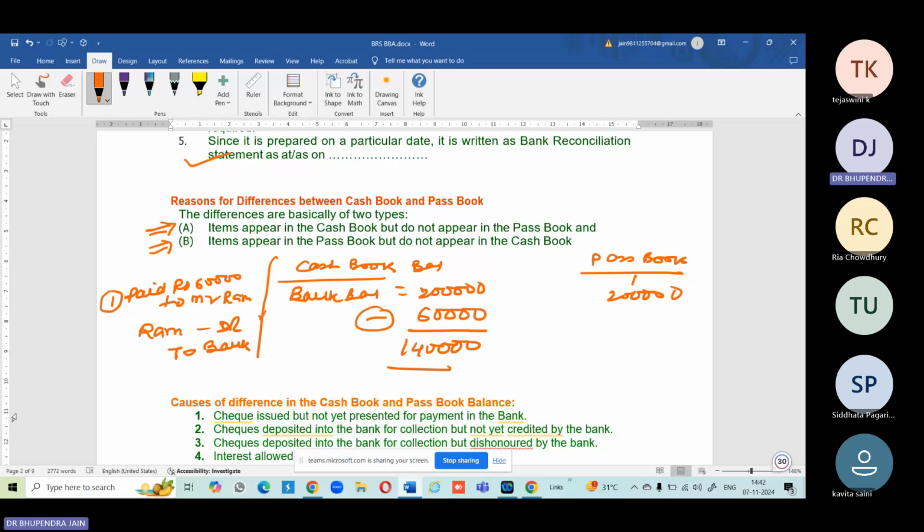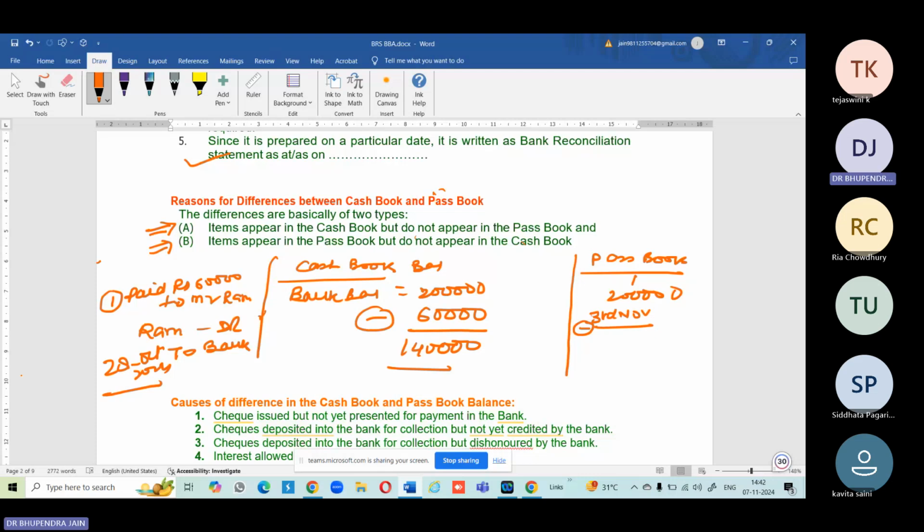Suppose, just as an example, you issue a check on 28th of October 2024. Now, due to a holiday or any other reason, Ram deposits the check into the bank on 3rd of November. Ram has the check.